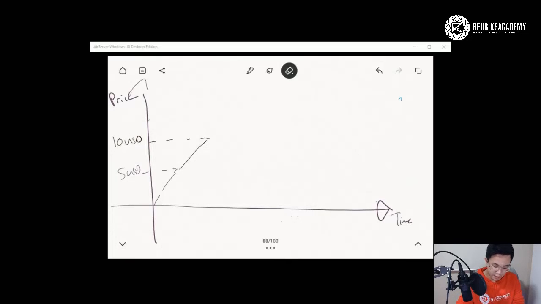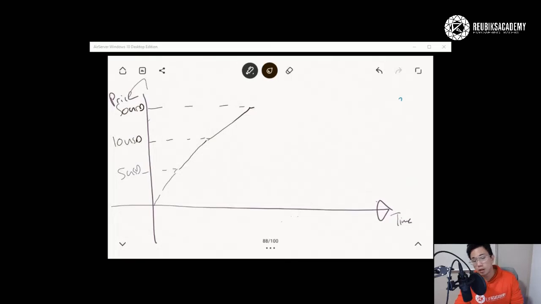What if the price continues to go up to maybe 50 USD? You would have lost a lot of money. Now remember this: a stock can go up in price indefinitely, but it can only go down in price definitely. Definitely to what? Definitely to 0.00.